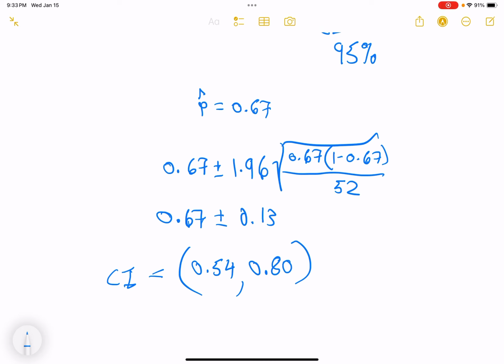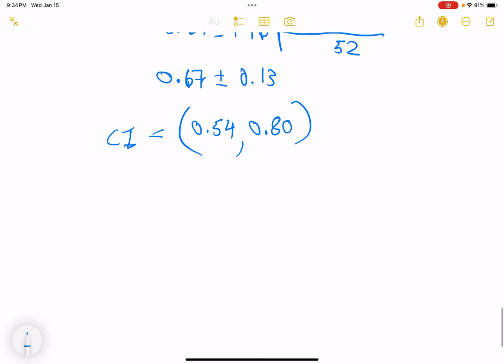And so here is the thing that shows up in future slides, specifically when we get to slide 14, okay? If I said, what does this confidence interval mean? Here's what I would say.